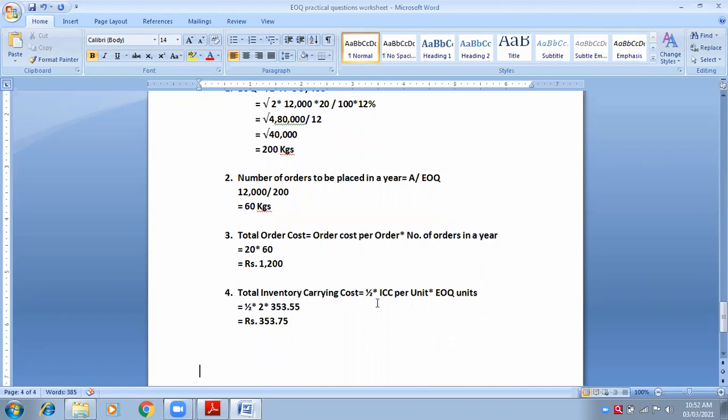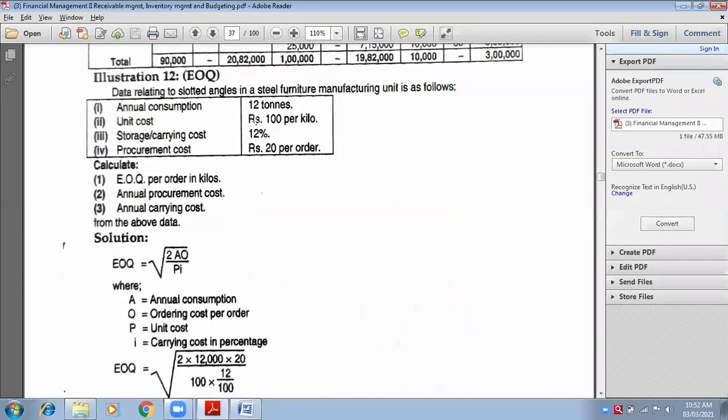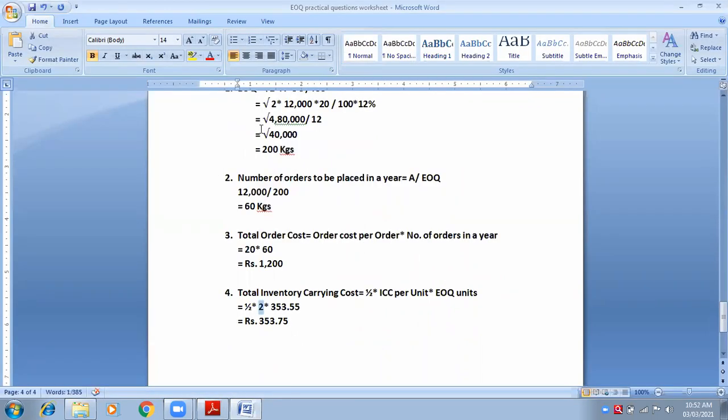The formula of total inventory carrying cost is half into ICC per unit into EOQ. So half into ICC per unit. What is ICC per unit? In the question it is given as 12 percentage, but we don't have to write 12 percentage. We have to write per unit.